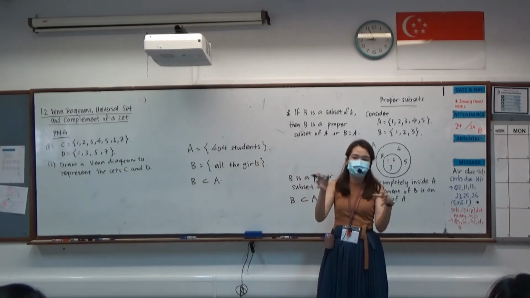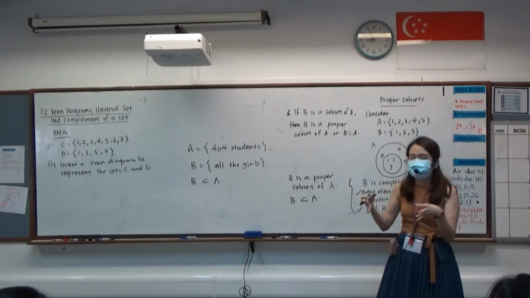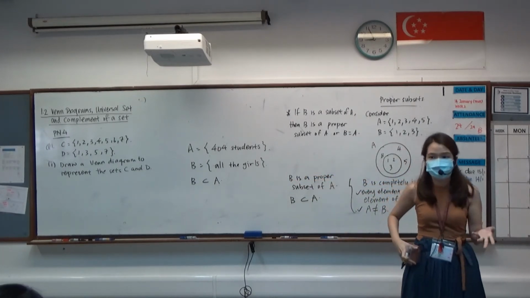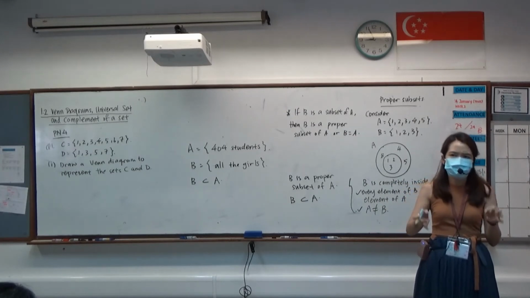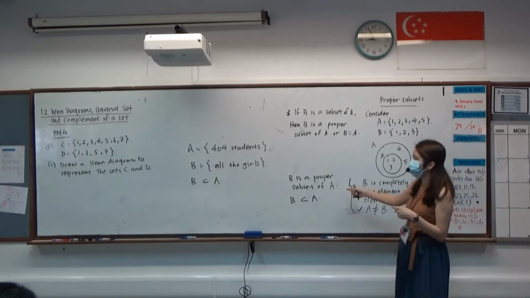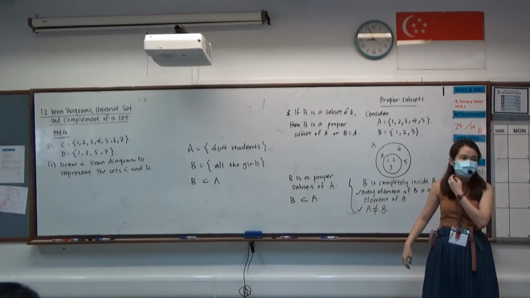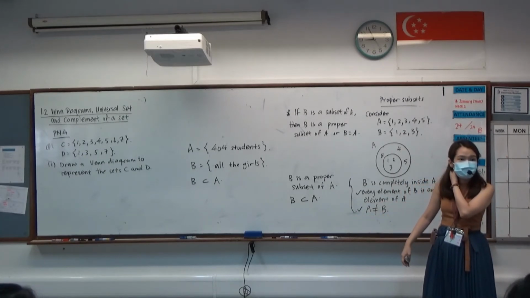So the definition actually changes. This situation actually changes according to what it is that we have. Realistically, most of the time, we will see that it is a proper subset rather than a subset. You understand what I'm saying?